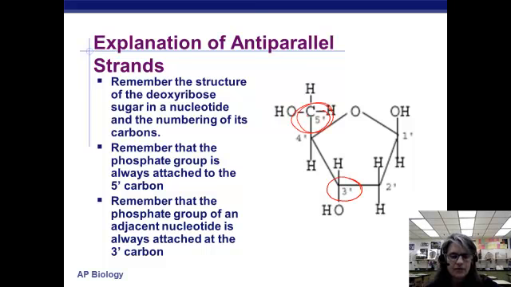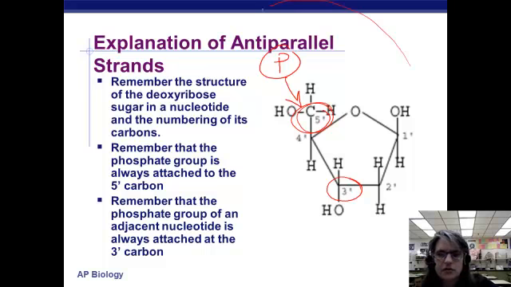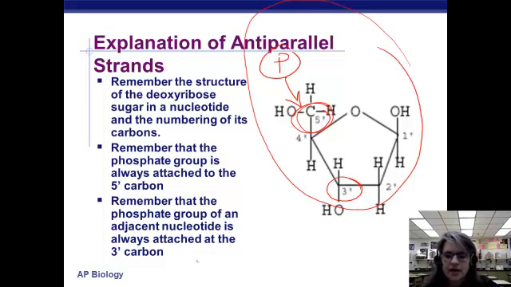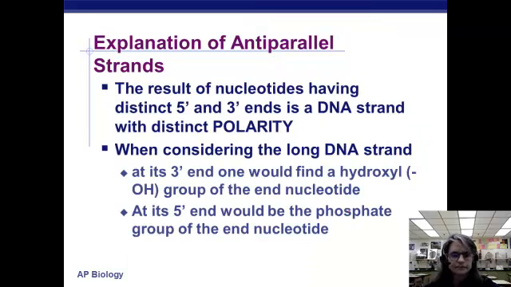Okay? 3' and 5' matter. The phosphate group is going to be attached to this one for this nucleotide, so this would represent a nucleotide, and then if this is the next nucleotide, the next phosphate group for the next nucleotide would be attached to the 3' here. That's why they are important.